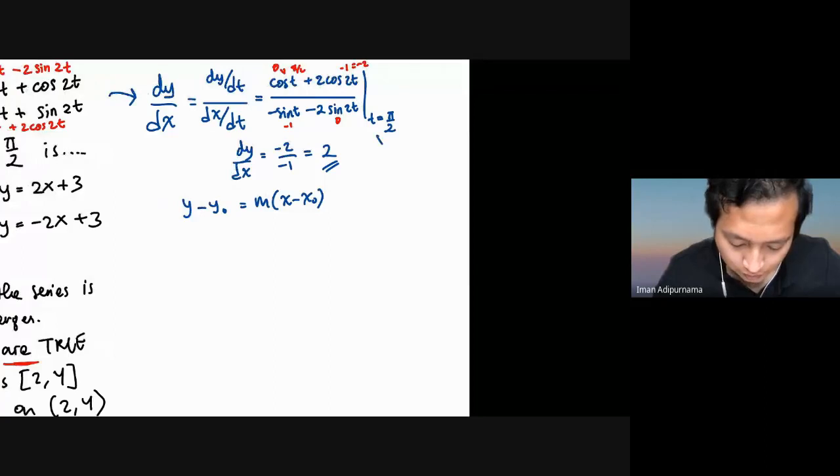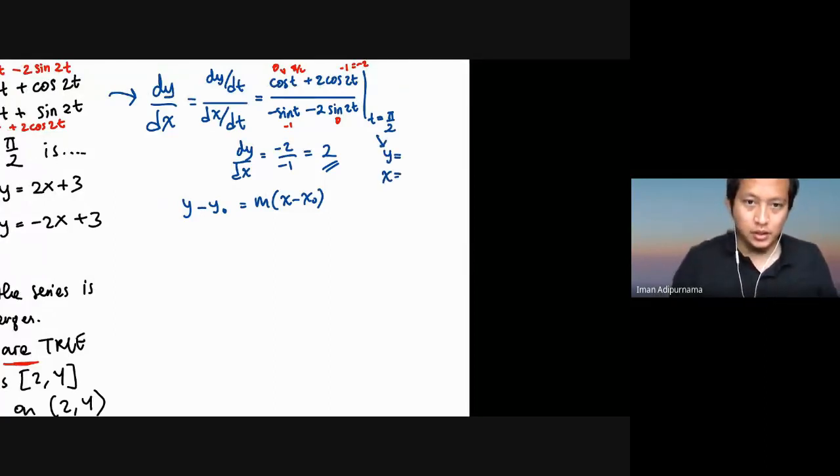At t equal pi over 2, you need to check y and x, in which both are 1 and -1.